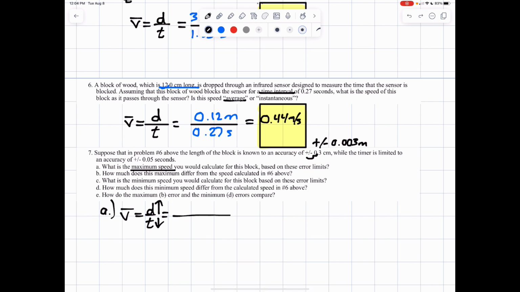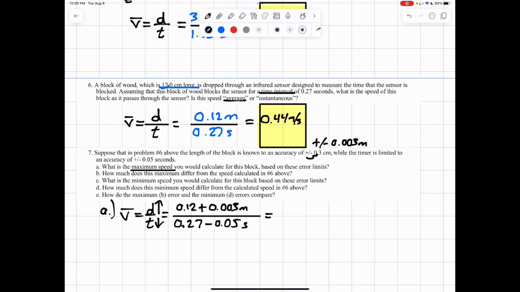So we are going to take our distance. Okay, our distance is 12 centimeters or 0.12 meters. So we're going to go 0.12 plus 0.003 meters. Okay, and on the bottom, we're going 0.27 minus 0.05 seconds.